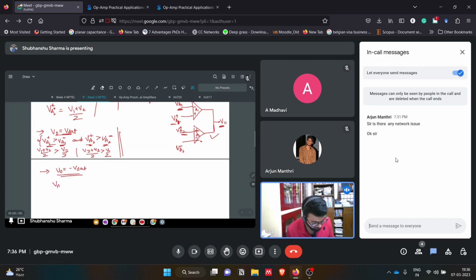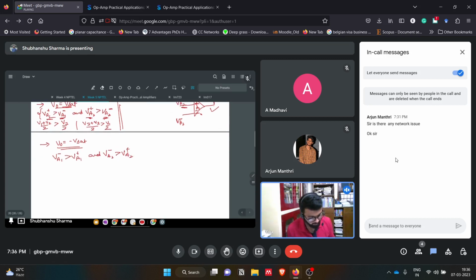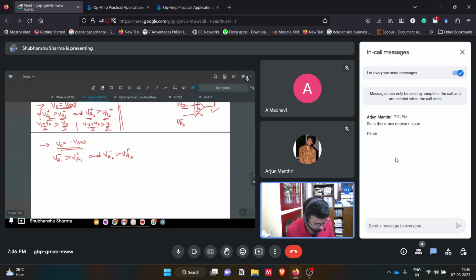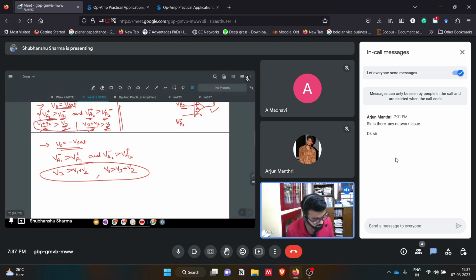So VA1 minus will be greater than VA1 plus, and VA2 minus will be greater than VA2 plus. Then again substituting these values, VI will be greater than V1 plus V2, and V1 will be greater than VI plus V2. So we got these conditions.